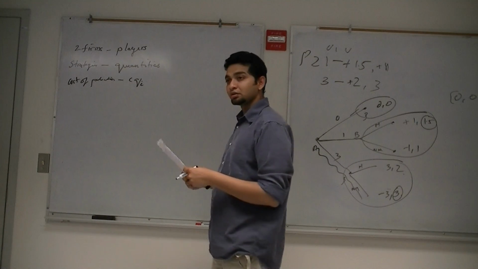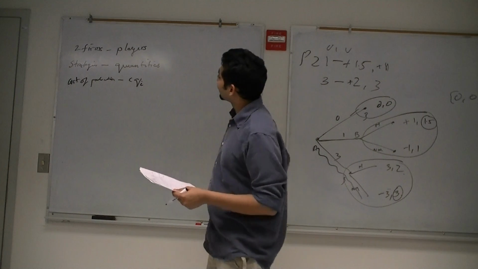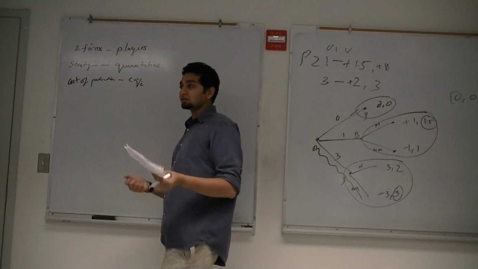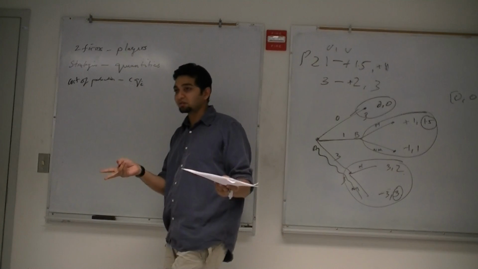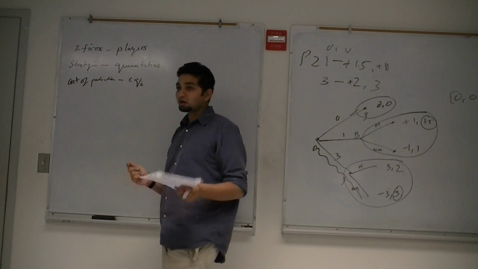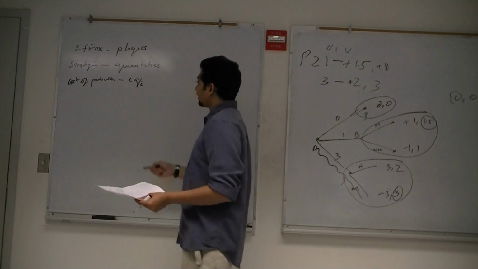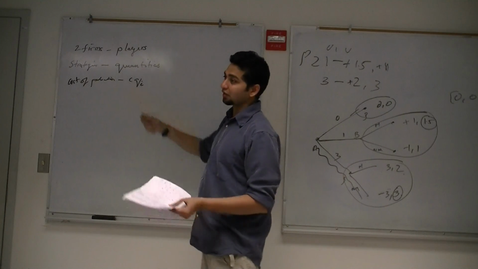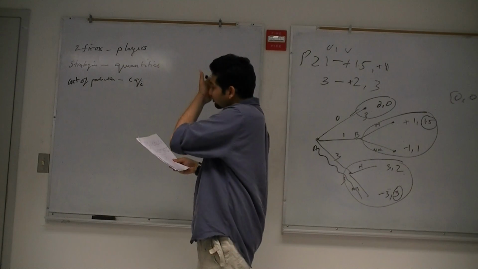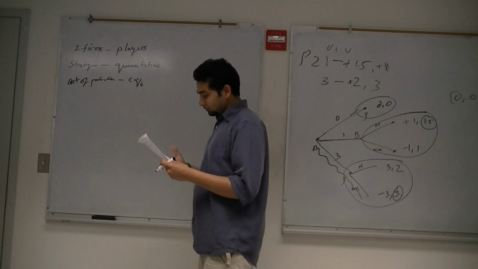What's the relation between strategies and quantities? Let's say there are two competing firms, Coke and Pepsi, for example. The strategies are how much quantity they need to produce, and the cost of production is the marginal cost times the quantity.